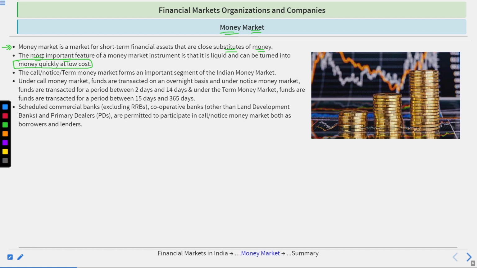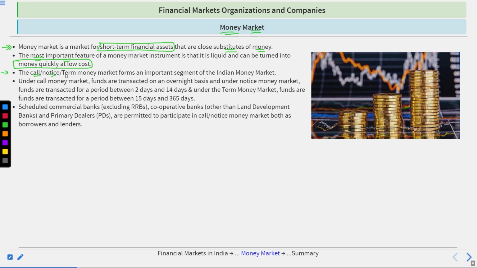Whatever short-term financial assets we purchase in the money market, these assets are close substitutes of money. They are not money, but whenever you want to convert them into money, it can be done easily and at a very low cost, so that the person who liquidates it does not have to bear a huge amount.